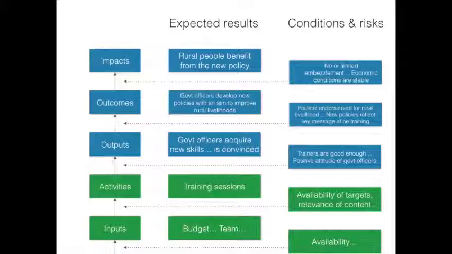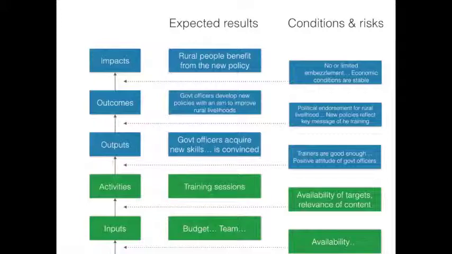Are they willing to participate in the training sessions? Did we actually develop training content that is relevant to their needs? At outputs level, you would have conditions such as: are trainers good enough, and do government officers have a positive attitude toward rural livelihoods and the importance of that issue?